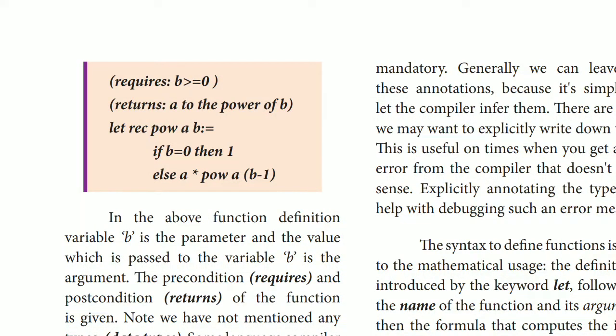If b is equal to 0, then 1, else a into power of a, b minus 1. Okay, so here they are finding the power. This is a small algorithm, these are steps.